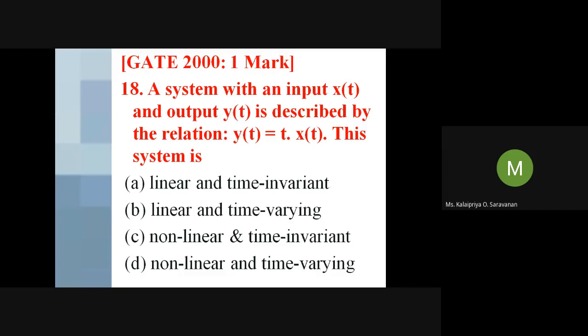So this question says they have given a system with input x of t and output y of t, described by this particular expression. The input-output relationship of a system is given here. You're asked to find out whether the given system observes the linearity property and time invariance property, or if it doesn't satisfy both. So this corresponds to the topic properties of systems.